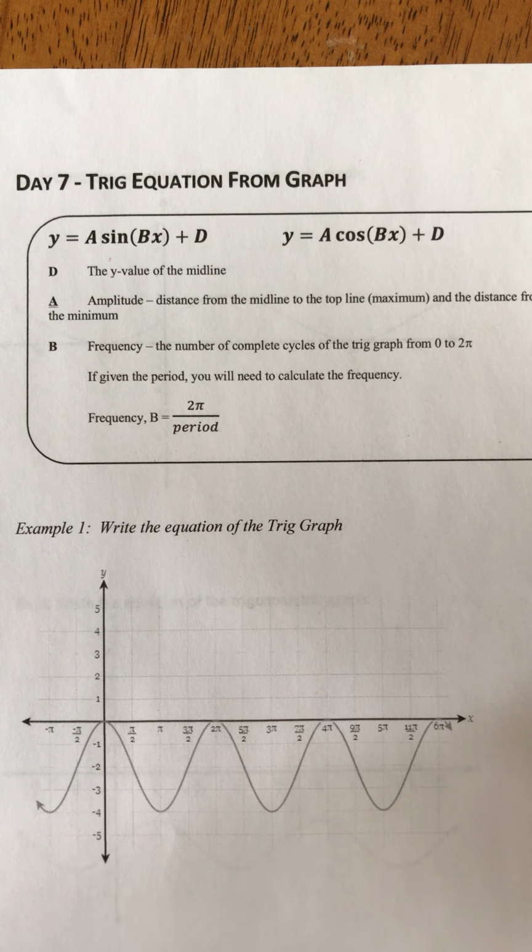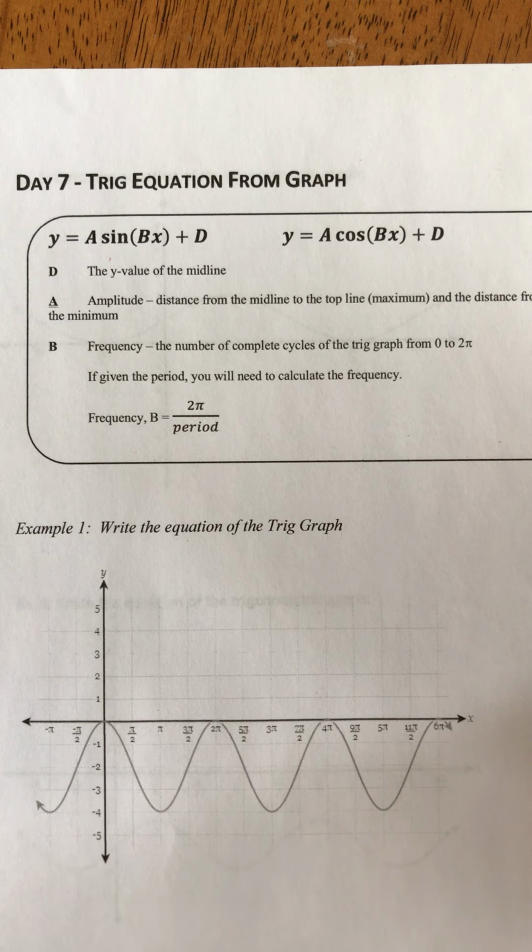There's two things that can happen to that. You can figure out the frequency, which is the number of complete cycles from 0 to 2 pi. Sometimes you can just count it. Other times, it's difficult, and you're going to have to find the period to get the frequency. Remember, the period is the distance on the x-axis it takes for one complete cycle. There's one more piece of information that you're going to need. You need to know, is it sine or is it cosine?